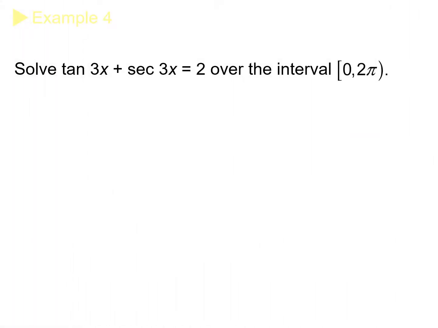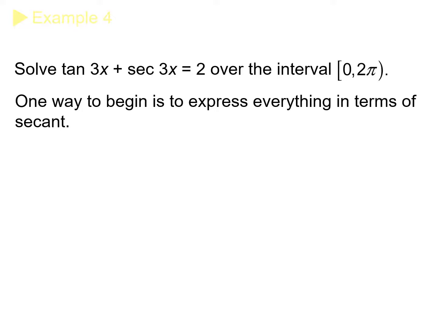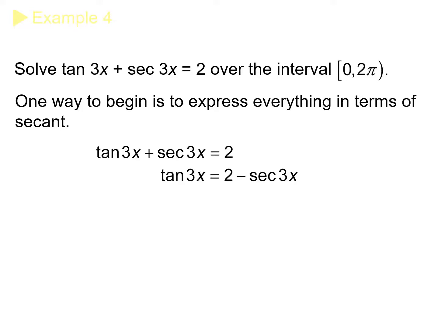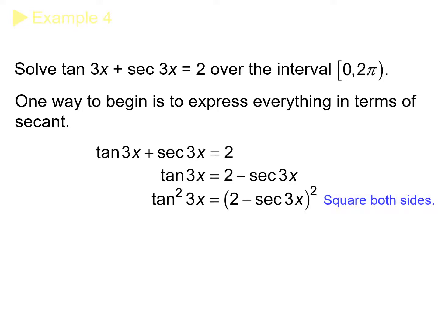Now, suppose I want to solve tangent of 3x plus secant of 3x is equal to 2 over the interval 0 to 2 pi. Now, one thing you can do is just make everything in terms of secant. So tangent of 3x is 2 minus secant of 3x. And now we're going to square both sides. And when I square this and multiply this side out, I get tan squared 3x is 4 minus 4 secant 3x plus secant squared.